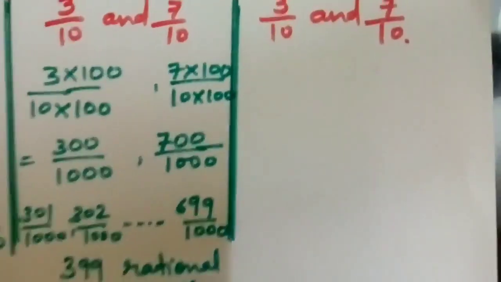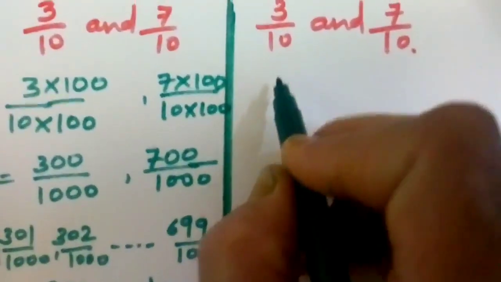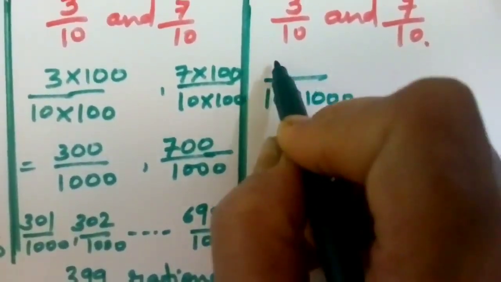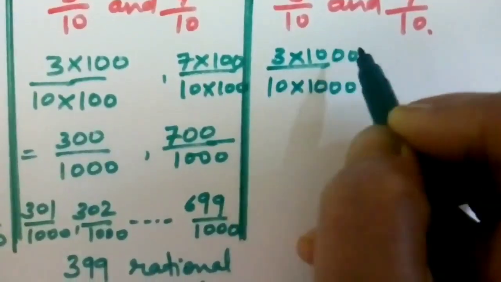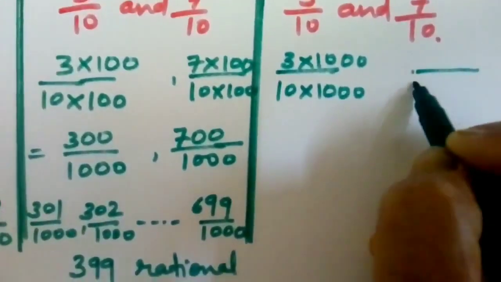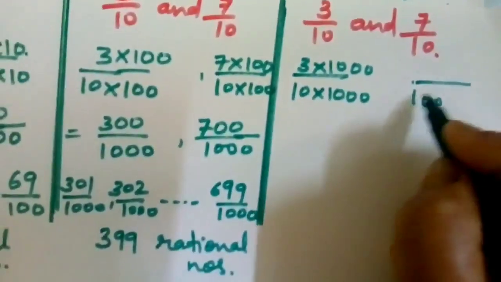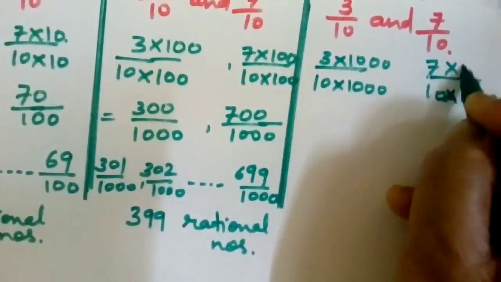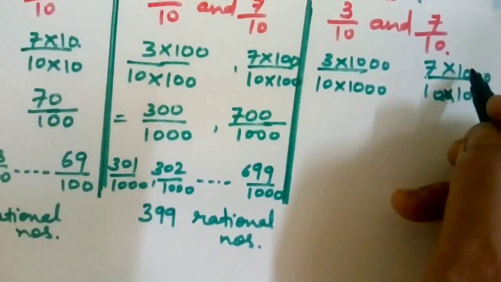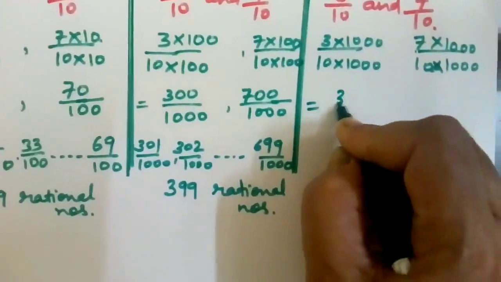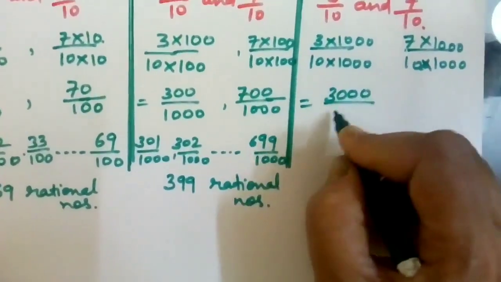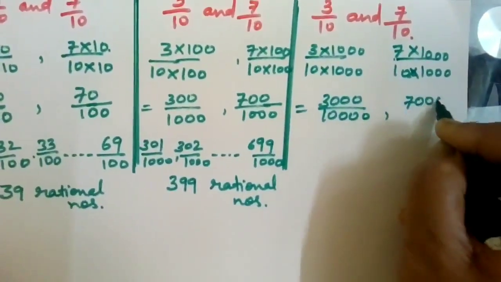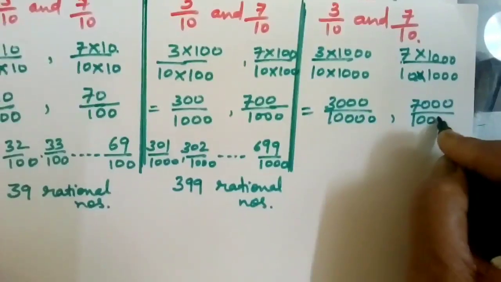Now further, if we multiply the fraction by 1000, in the denominator by 1000 and in the numerator by 1000, here also in the denominator by 10 into 1000 and the numerator also 7 into 1000, then we will get 3000 upon 10,000 and 7,000 upon 10,000.